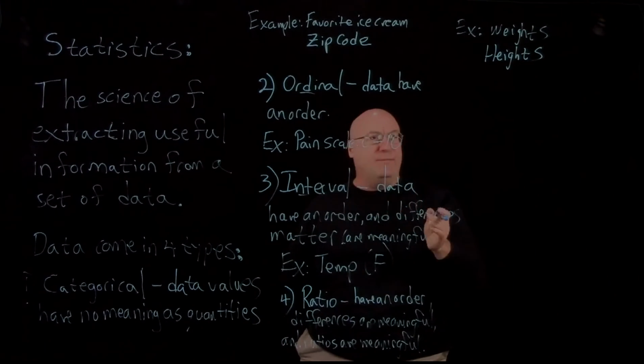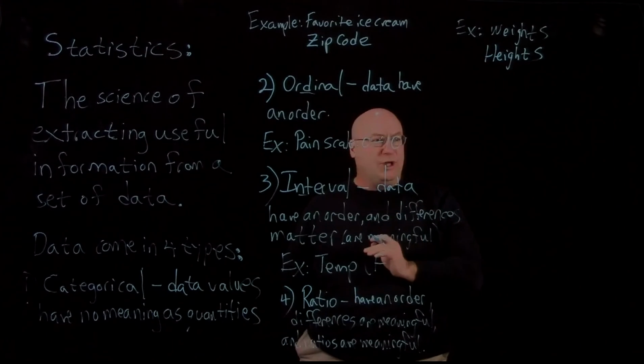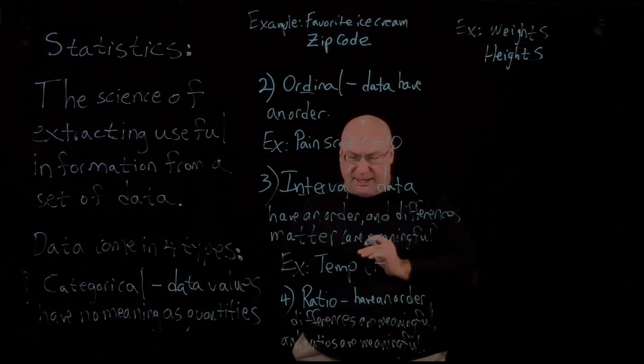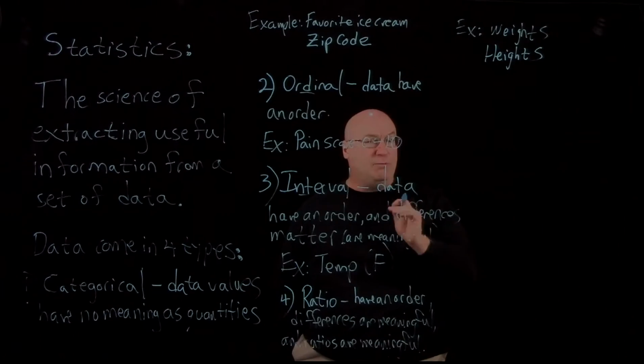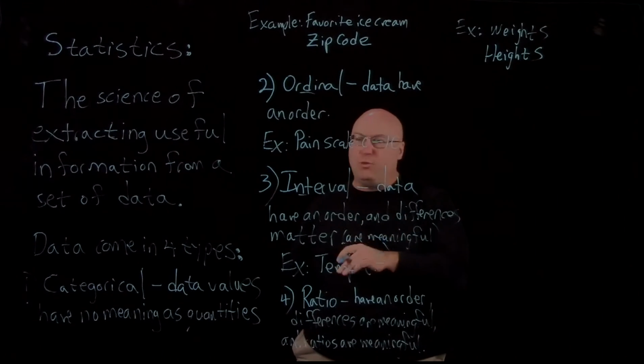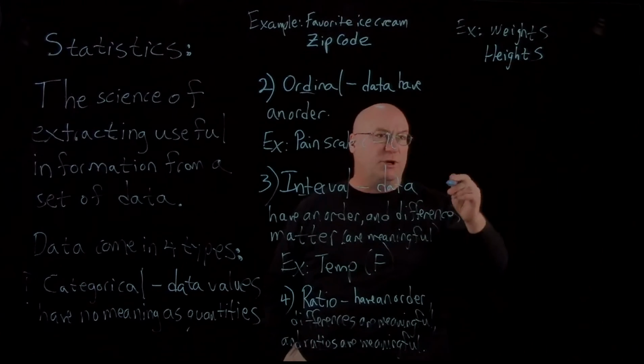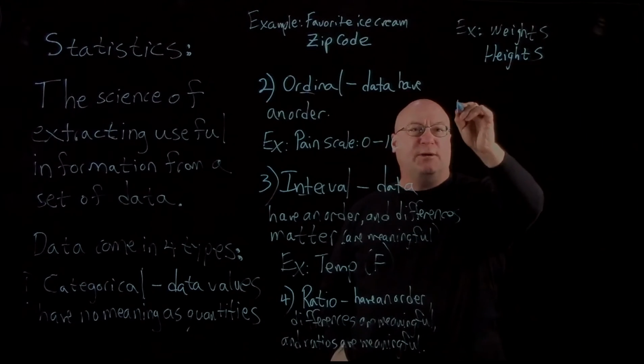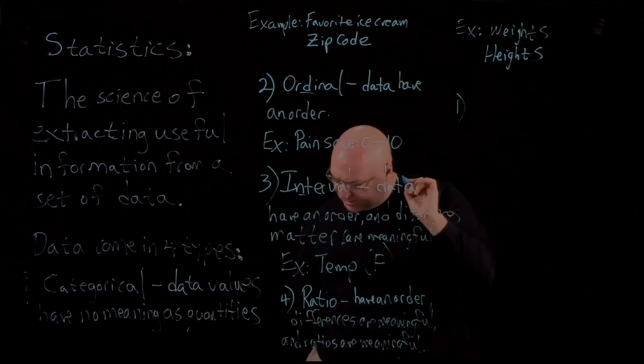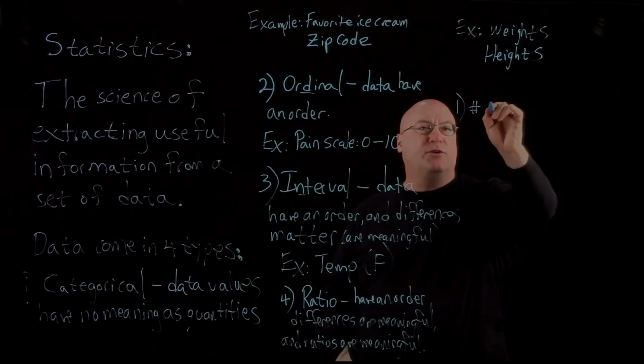Okay, well, let me give you 3 examples of data and have you pause and try to come up with which of these 4 different types each one is. So let's say number 1 will be the number of children in a family.